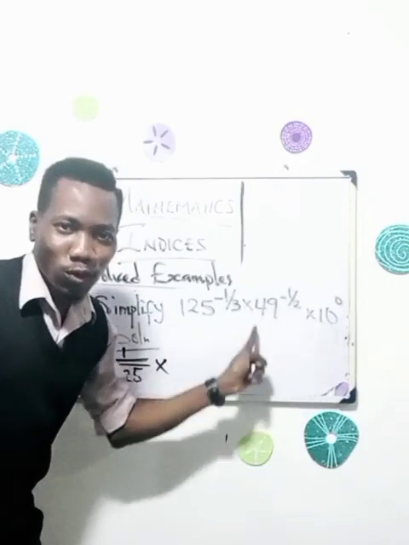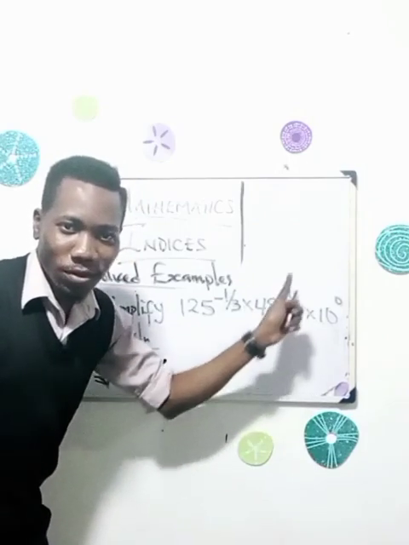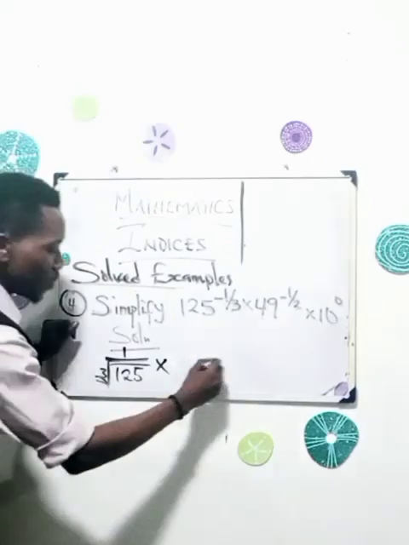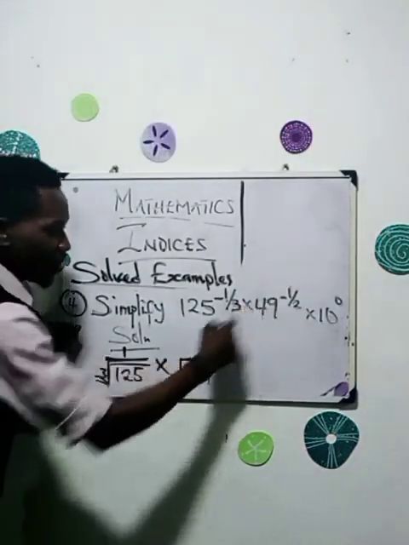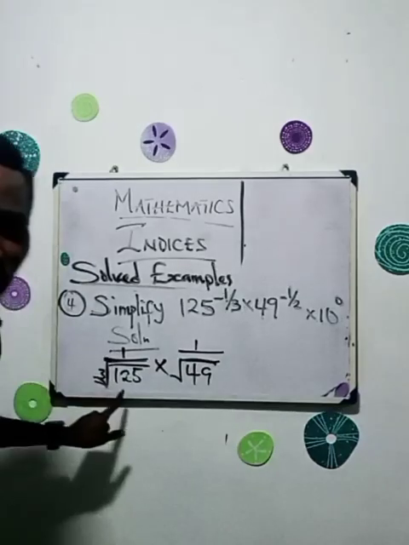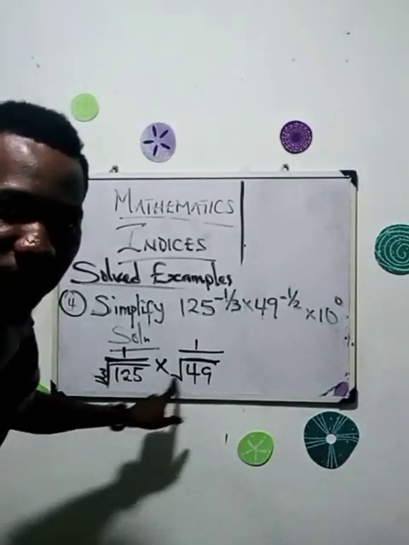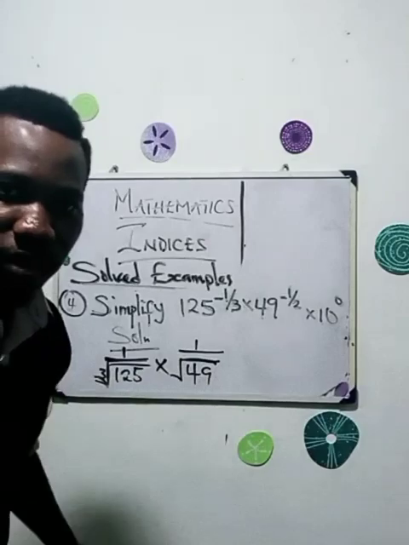This 2 here becomes the root, raised to the power 1, so the square root of 49. Now, negative means 1 over. So 1 over the cube root of 125 times 1 over the square root of 49.